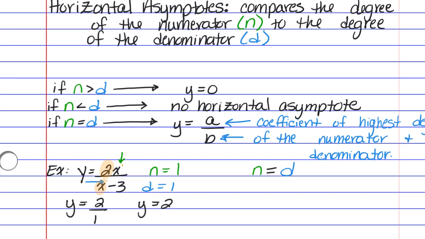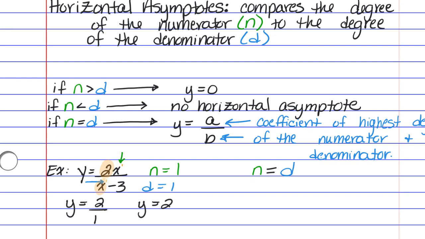If the degree in your numerator is smaller than the degree in your denominator, so for example, you have an x squared up top, but you have an x cubed in the bottom, 2 is smaller than 3, you don't have a horizontal asymptote. There is none.